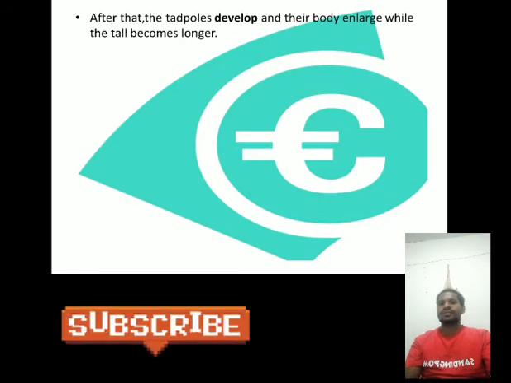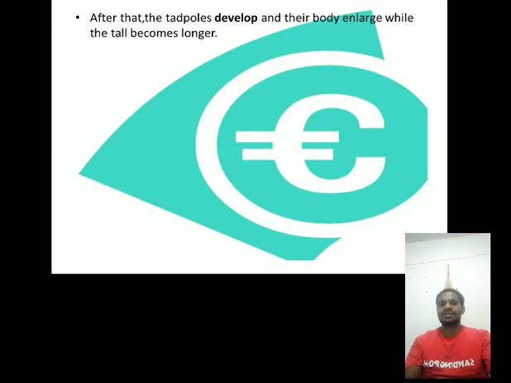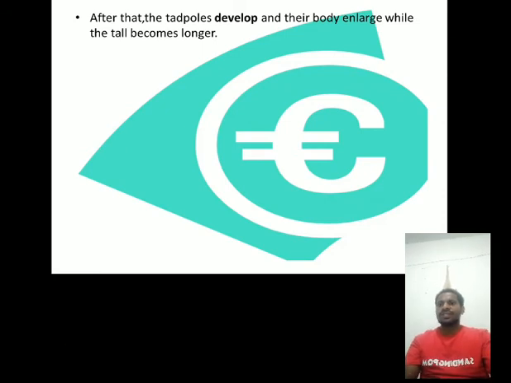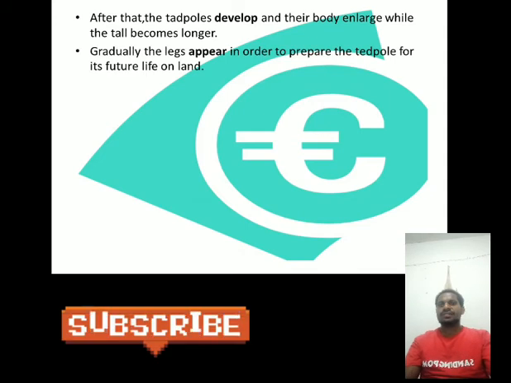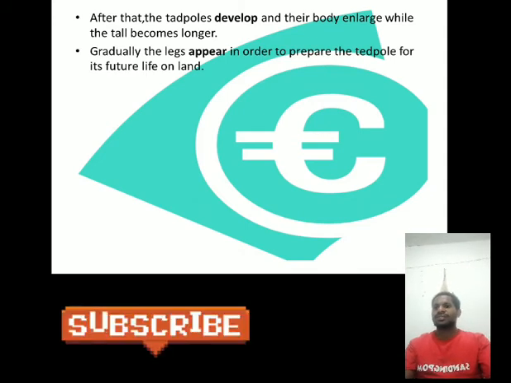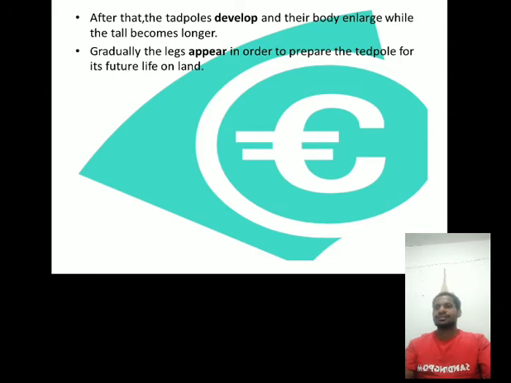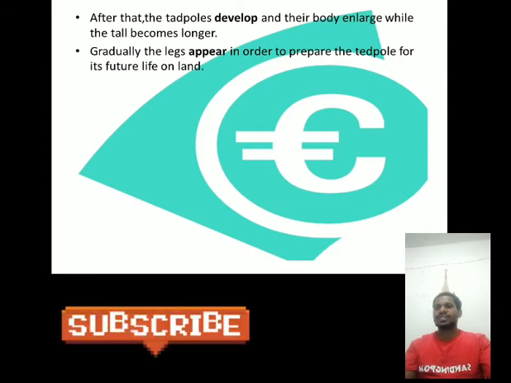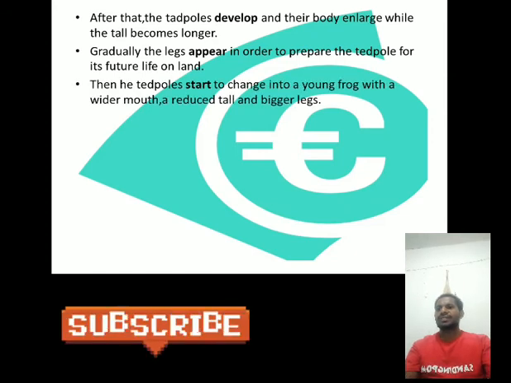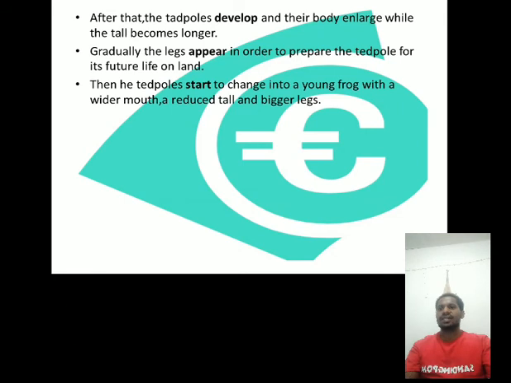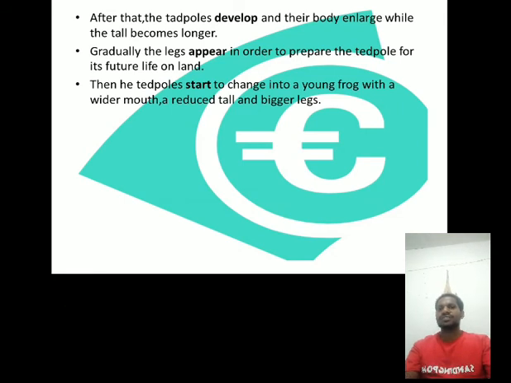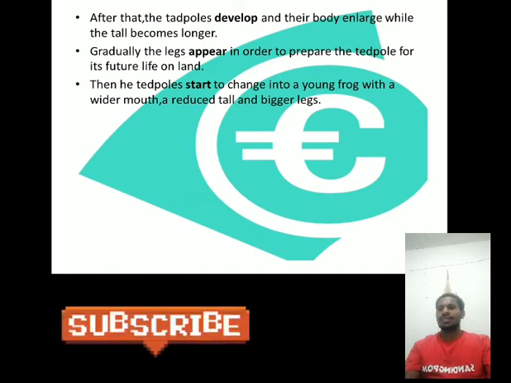After that, the tadpoles develop and their body enlarges while the tail becomes longer. Gradually, the legs appear in order to prepare the tadpole for its future life on land.